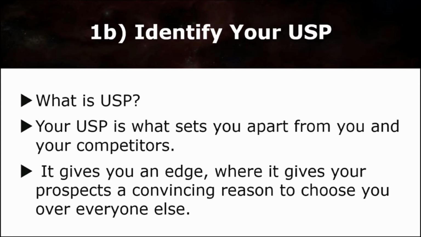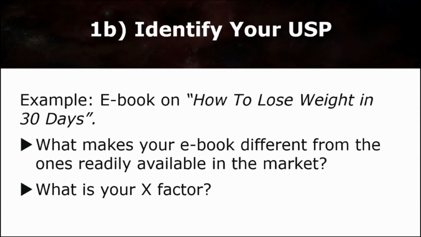Next, it's imperative that you identify your USP, your unique selling proposition. What is a USP? Your USP is what sets you apart from your competitors. It gives your prospects a convincing reason to choose you over everyone else. For instance, if you choose to advertise your ebook on how to lose weight in 30 days, what makes your ebook different from the ones readily available in the market already?